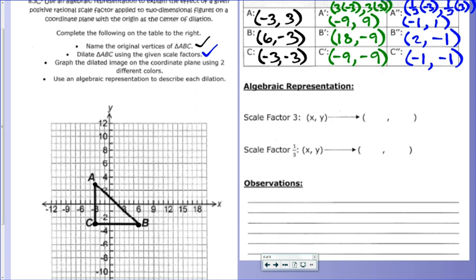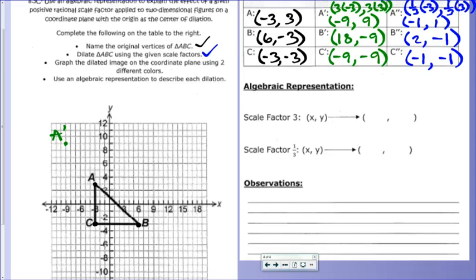We have -9, +9. So on your x-axis, you need to go to -9 and up to +9. Okay, you see there it has A with an apostrophe. That apostrophe stands for A prime. That means that that is the new image. It was dilated. Something happened to my original image to give me the new one.